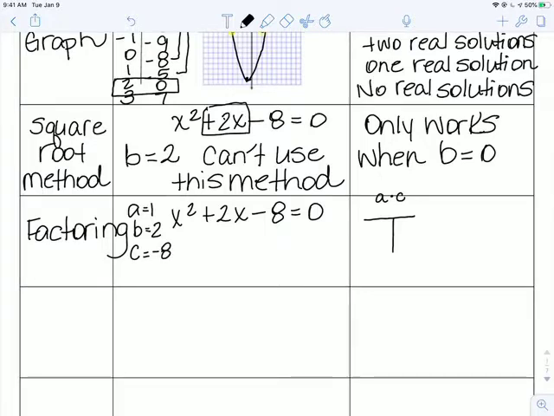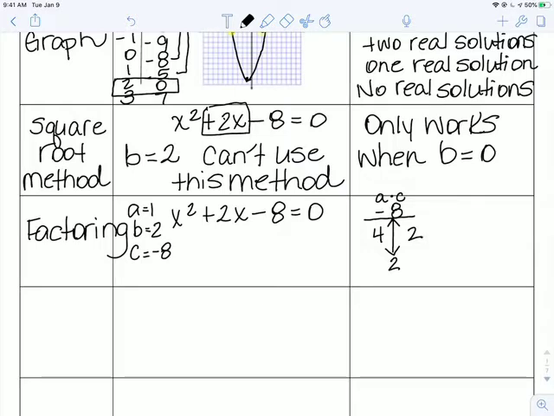So my A times C is going to be negative 8. Now when you're factoring, you're looking for two numbers that are going to multiply to give you the negative 8, but that will add together to give you your B value, which in this case is a positive 2. So if I think about it, I could multiply 4 times 2 to get 8.